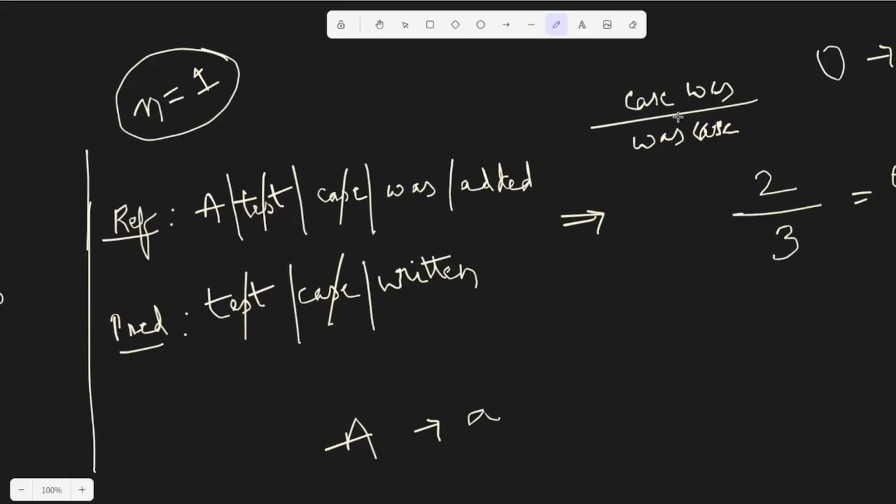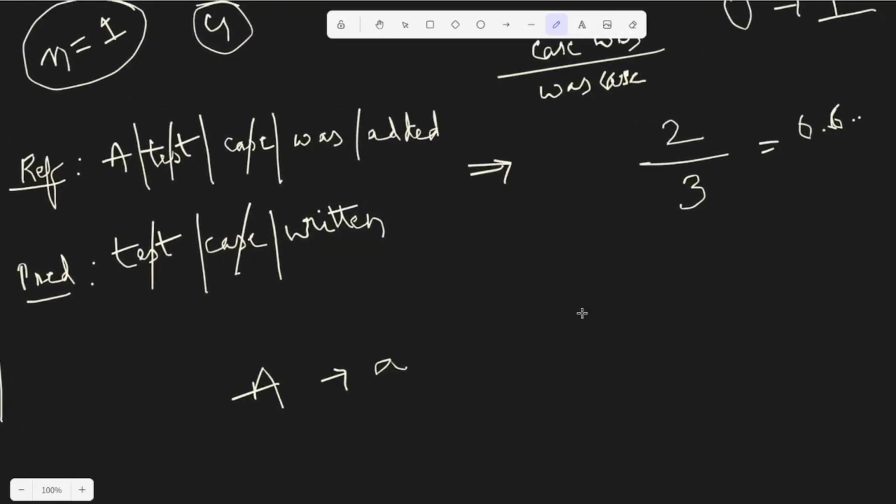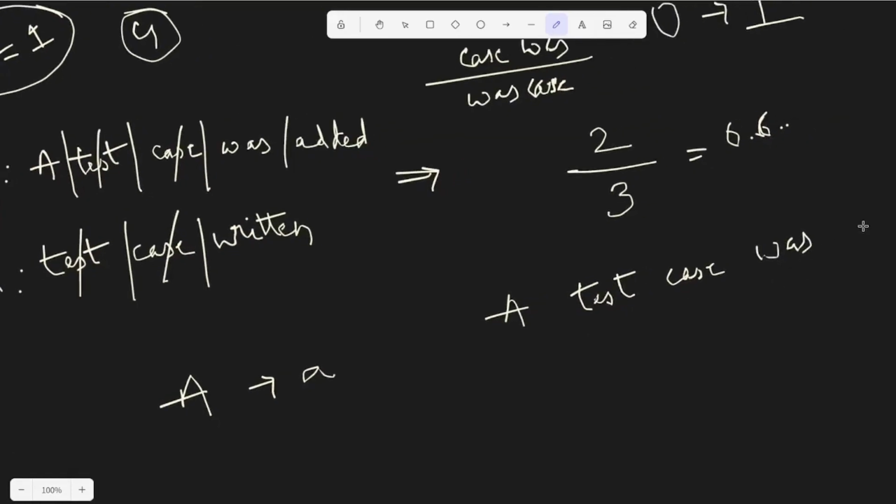Well, in this way, what you would do is you would tweak the hyperparameter. Usually people go up to 4, and that's a good way to judge. So what you would do is that when you have a sentence like this, a test case was added, and let's say this is a reference sentence.